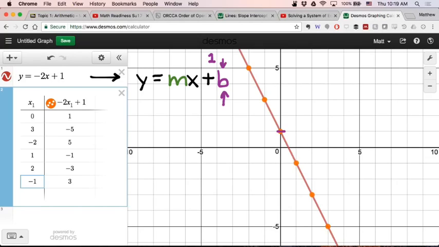This point right here hits at 1 on the y-axis. Or if we were writing both coordinates of that point, it would be 0, comma 1. It hits the y-axis. That's what makes this what we call the y-intercept of the equation. So in the y equals mx plus b template, b is the y-coordinate of the y-intercept. That's why this line crosses the y-axis at 1, because 1 plays the role of my b.